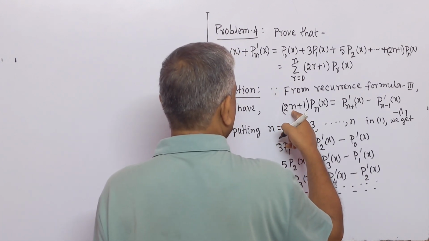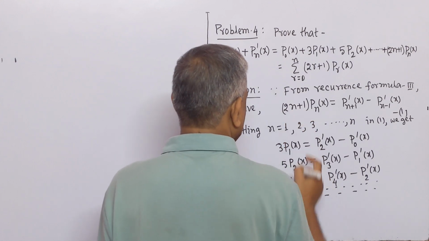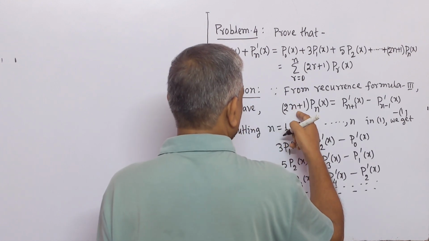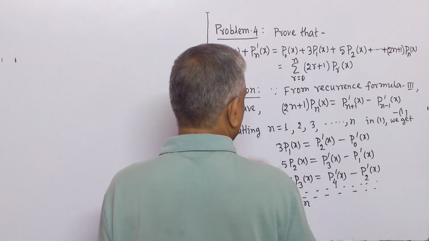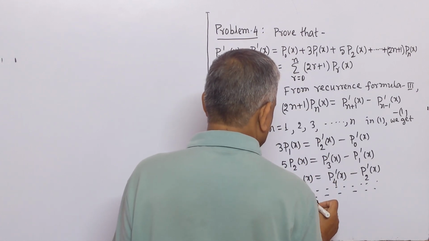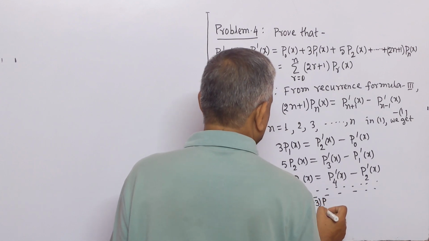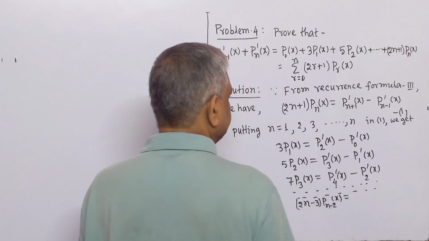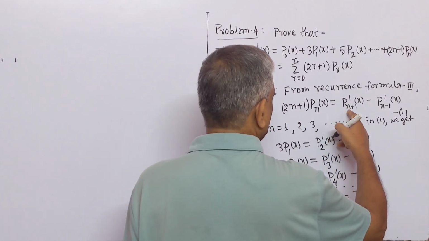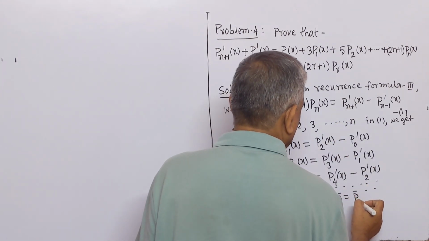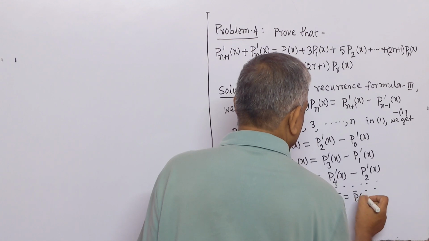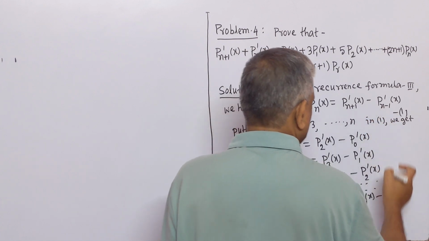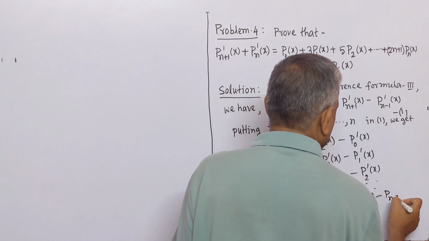If we put n minus 2, we get (2n - 3) P_{n-2}(x) = P_{n-1}'(x) - P_{n-3}'(x).